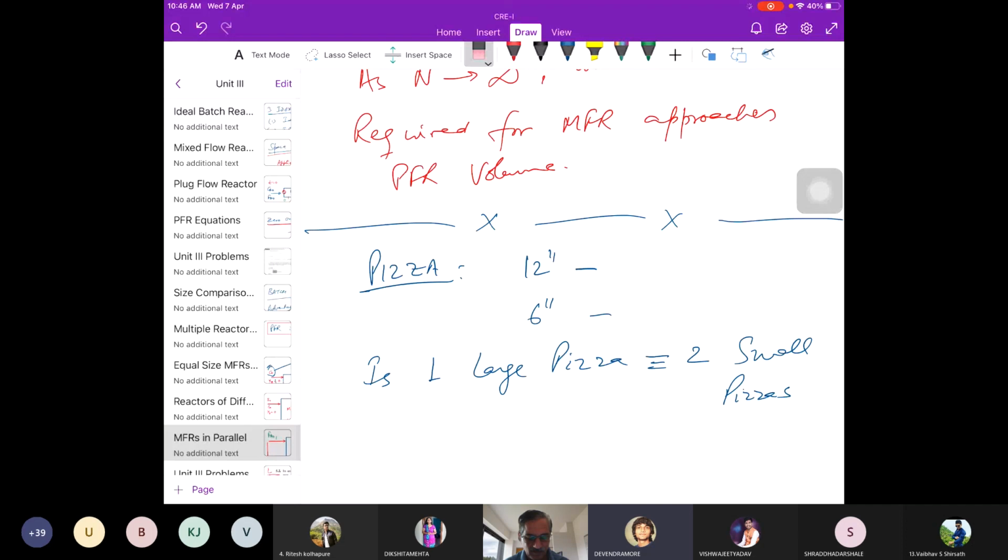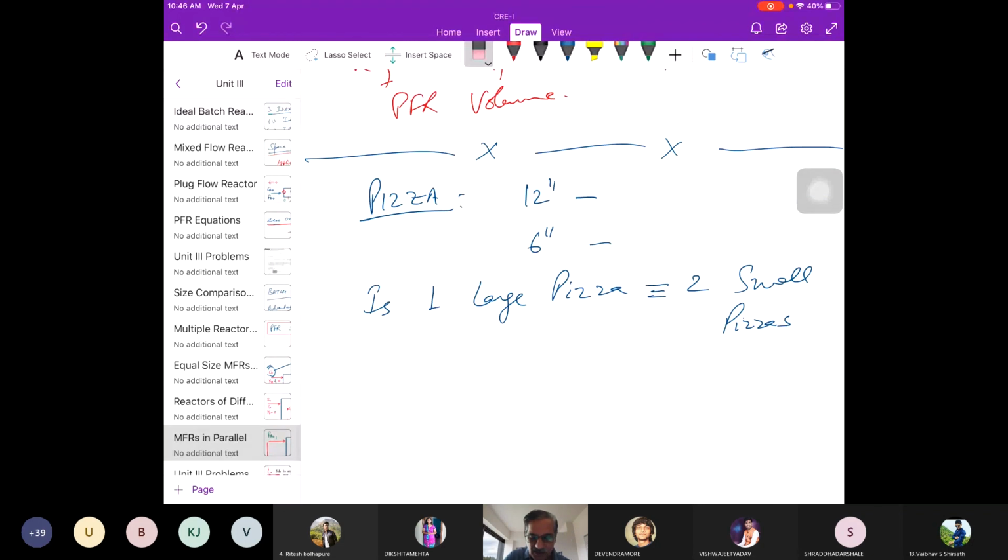Pumping cost is not going to be significant. The reactor cost is significant. Plant cost is significant. And now, if you compare this, I'll leave this as an example or homework for you. Find out if these are equivalent. You tell me tomorrow. ठीक है?